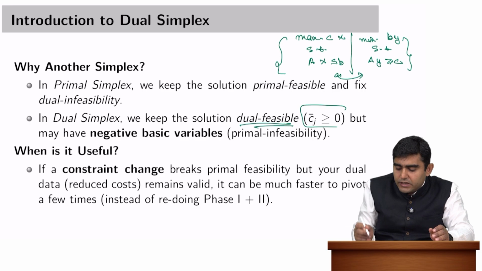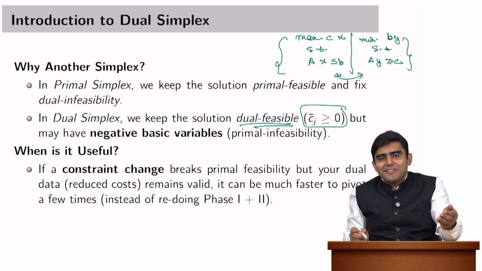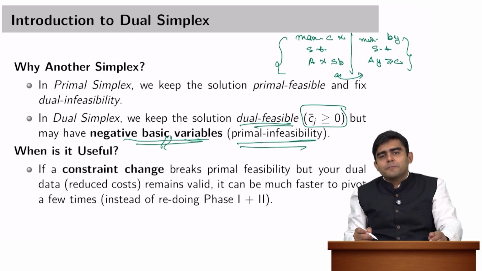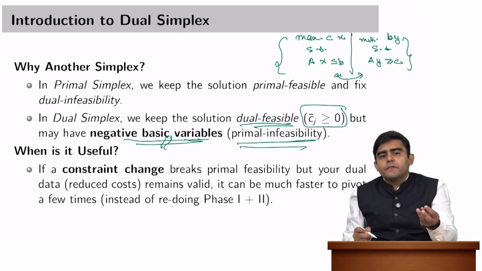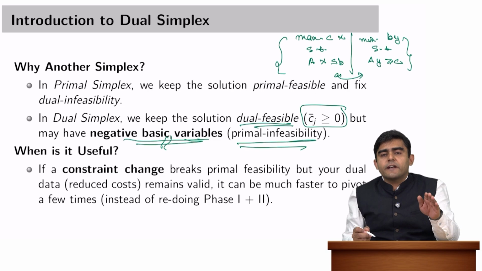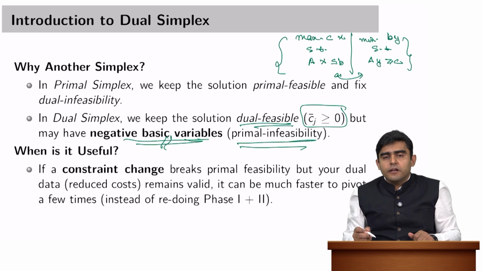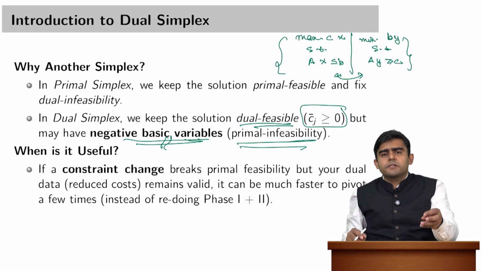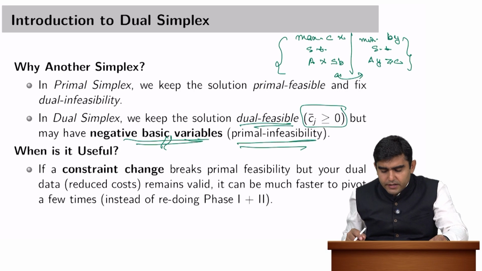That is, we make sure that all the coefficients are greater than or equal to 0, but we may have negative basic variables, which is primal infeasibility. So, we will try to fix this primal infeasibility and make sure that no negative basic variable remains in the solution. We will eventually discuss under what circumstances such a scenario arises.